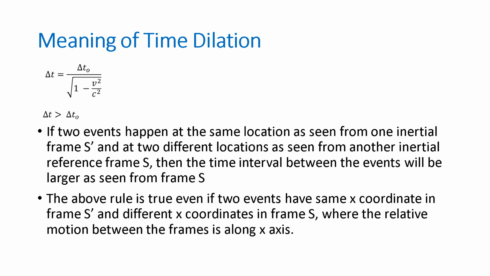So it means that if two events happen at the same location as seen from inertial frame S prime and different locations as seen from inertial frame S, then the time interval between the events will be larger as seen from frame S. This rule is true even if the two events have the same x coordinate in the first frame, that is frame S prime, and different x coordinates in the second frame, that is frame S, where the relative motion between the frames is along the x-axis.